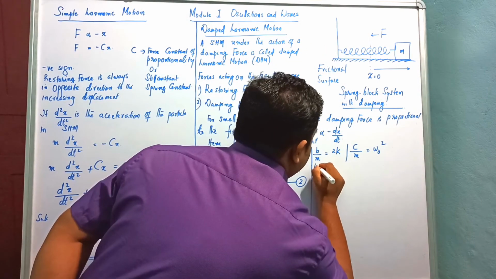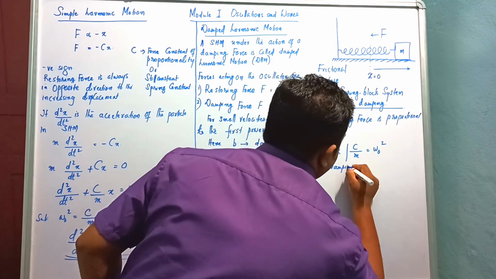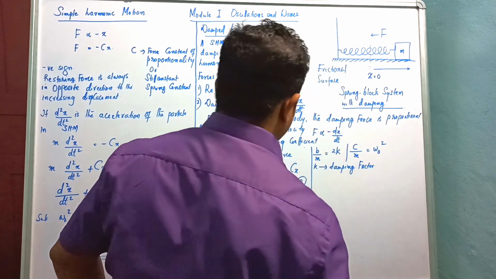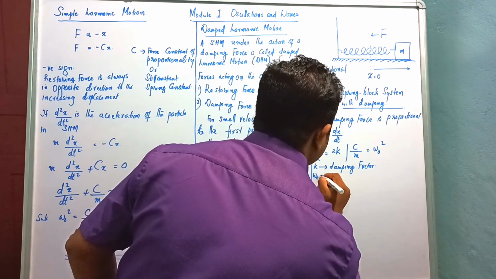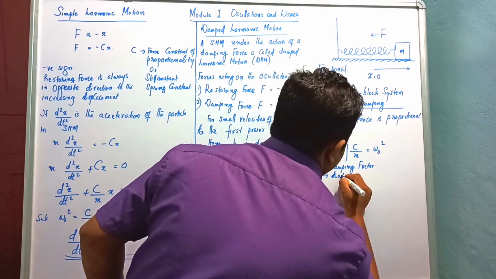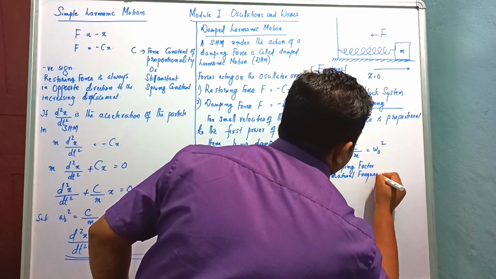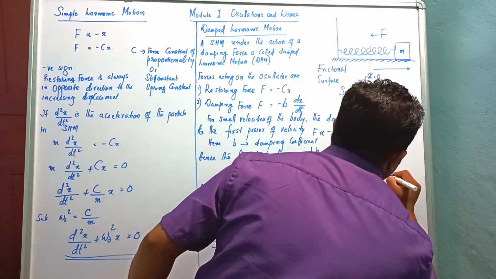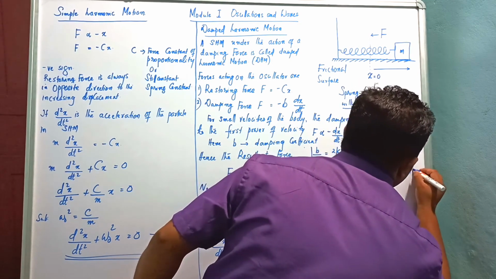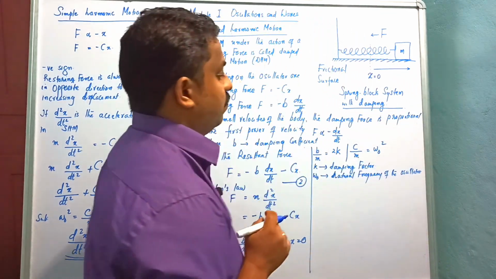K is called the damping factor, and omega 0 is called the natural frequency of the oscillator, or the frequency of the oscillator without damping.